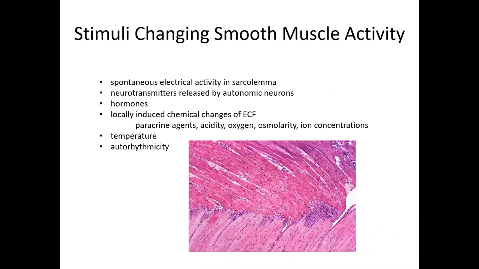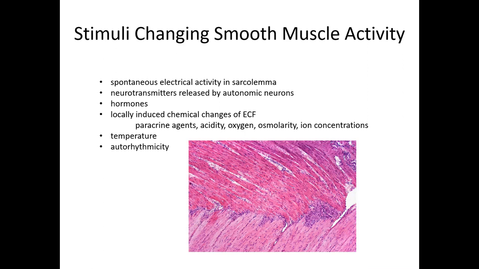So what kind of stimuli can change smooth muscle activity? Well, spontaneous electrical activity can happen in the sarcolemma. Or just like skeletal muscle, we could have neurotransmitters. Or just like cardiac muscle, we could have neurotransmitters released by the autonomic neurons. Or we could have hormones, or changes in pH, or change in oxygen content, or certain ion concentrations, so the osmolarity, osmolality.